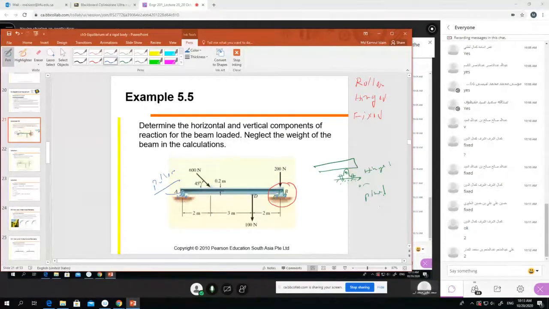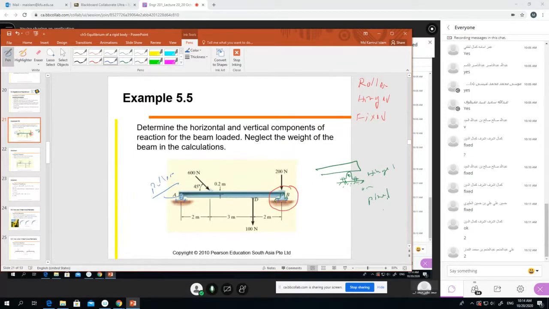Go to the book and see example 5.5, where the picture is drawn more clearly. Here you can understand that A is actually a roller. I'm trying to find it and show you.